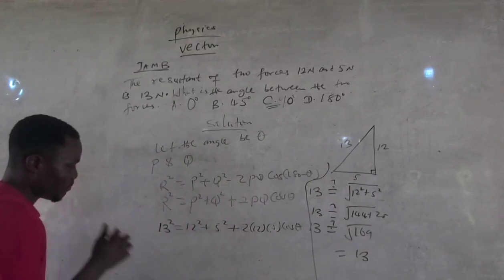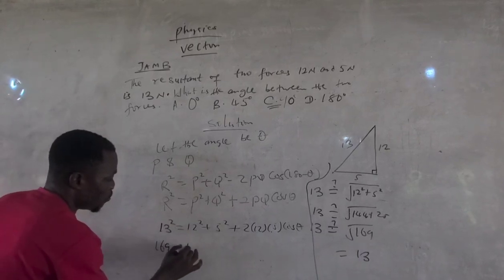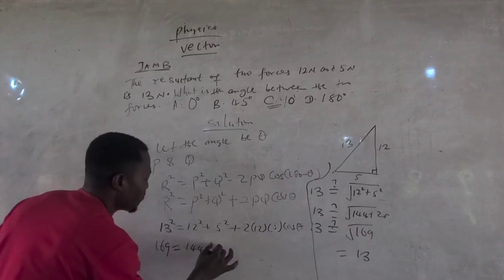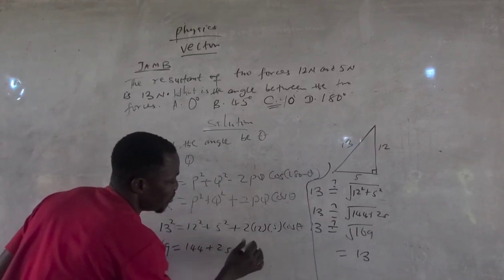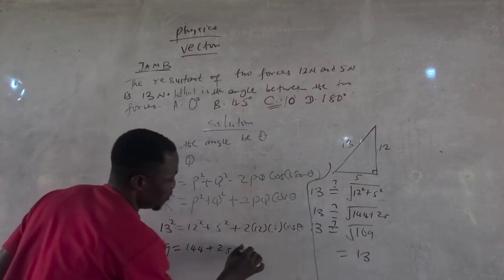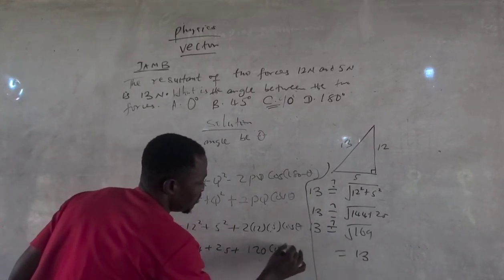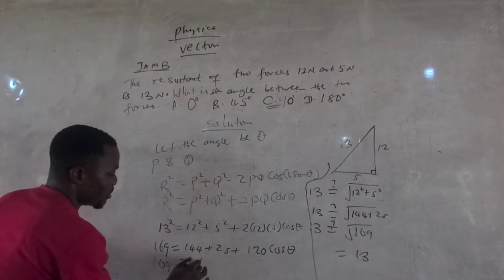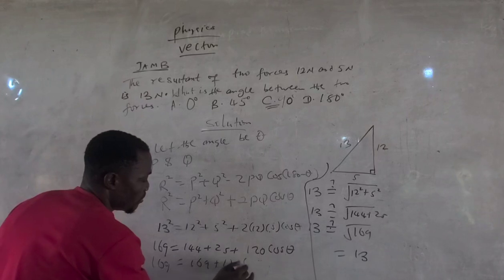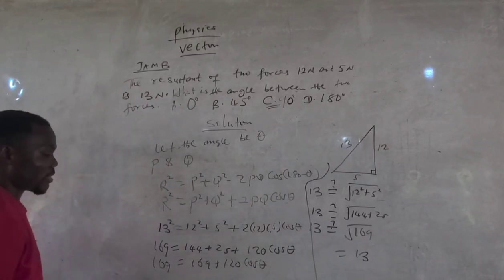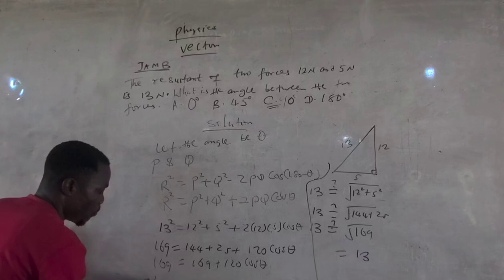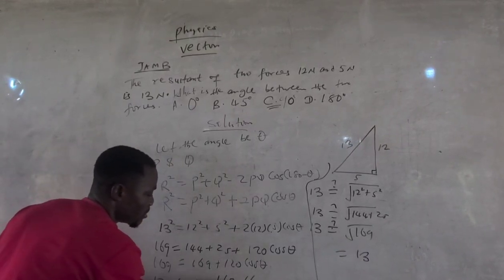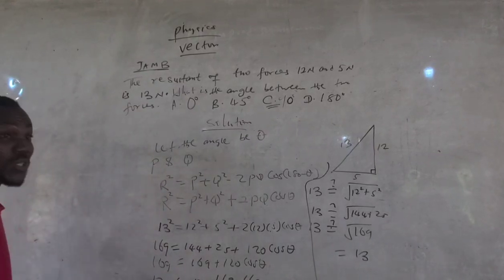So 169 equals 144 plus 25 plus 120 cos theta, which is 169 equals 169 plus 120 cos theta. Let's collect like terms: 120 cos theta is 169 minus 169, which is equal to 0.